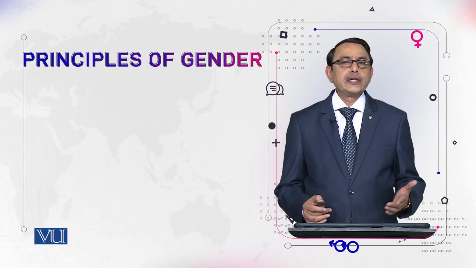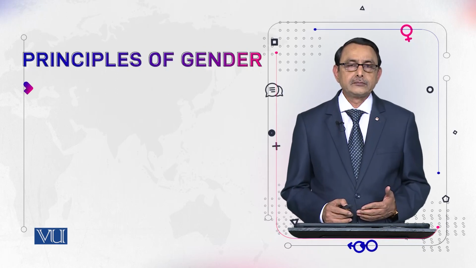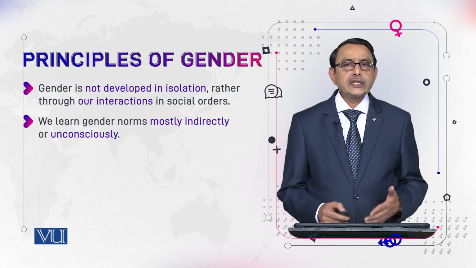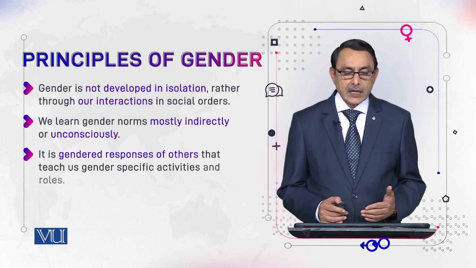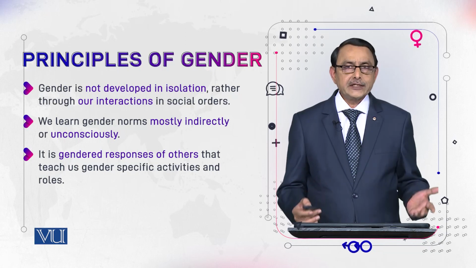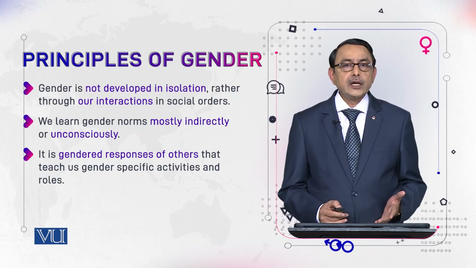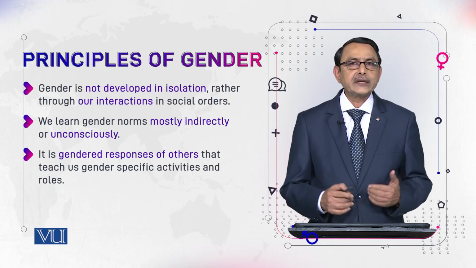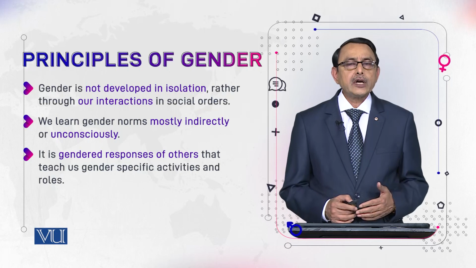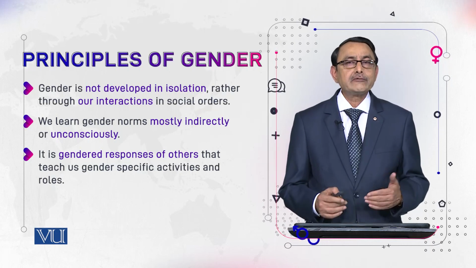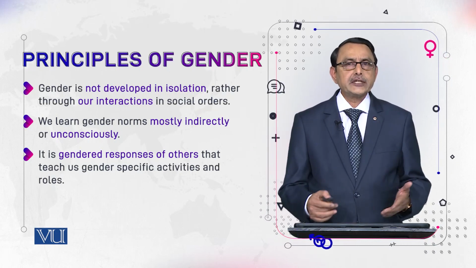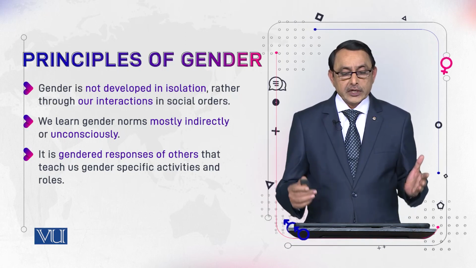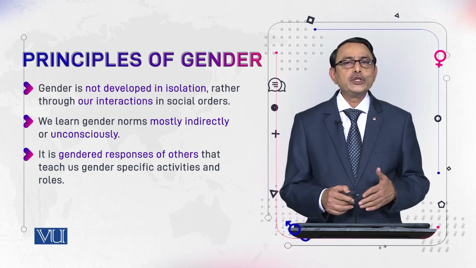Gender is not developed in isolation. We are now trying to understand how it is collaborative. Gender is not developed in isolation, rather through interactions, what we have called social markets, communities of practice, and peer cultures in the different disciplines which we have discussed. Through interactions, we are exposed to new social orders.